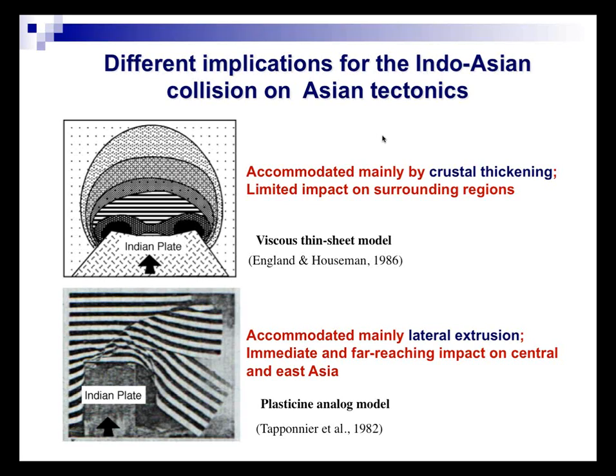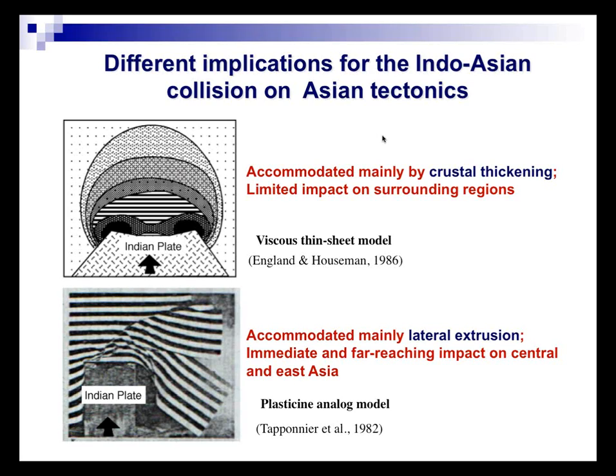If you are studying Southeastern Asia or Eastern China or Central Asia, you don't see much of this effect until very geologically recently. But if it's the second model, then the collision will have a far-reaching and immediate impact everywhere in Central East Asia. Every part, once this collides, you will start feeling it.